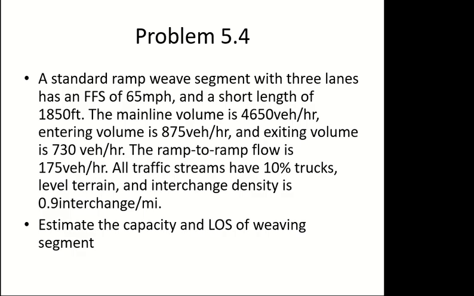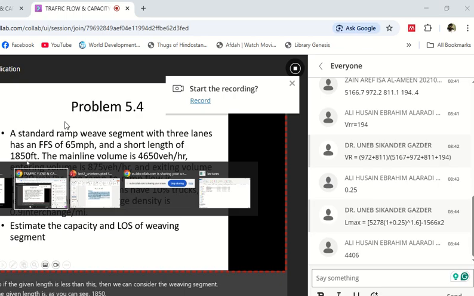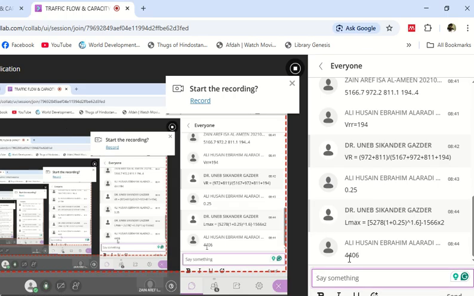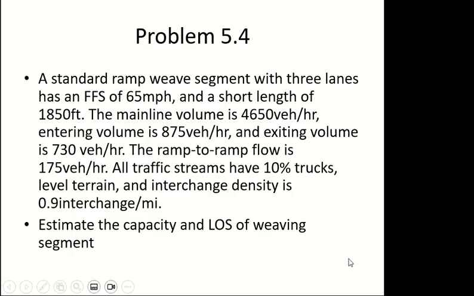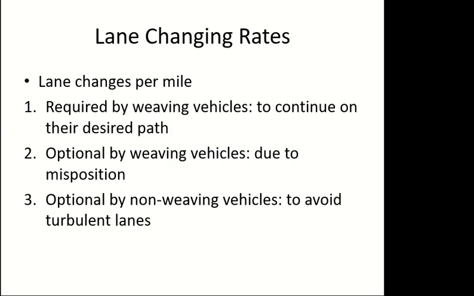The given length is, as you can see, 1850. So this is less than the Lmax, so this is a weaving segment. So I can move on with the rest of the calculation.